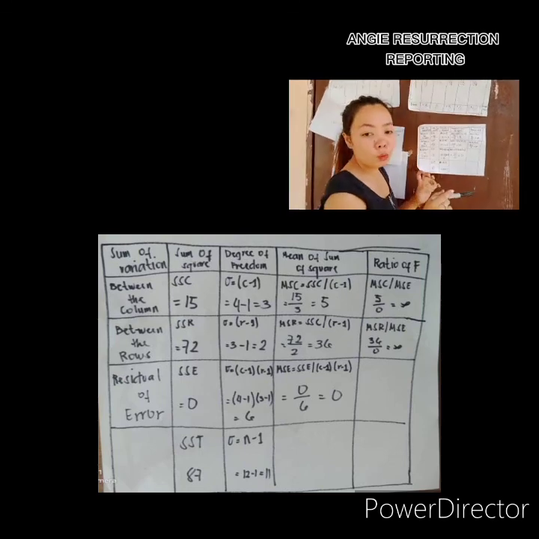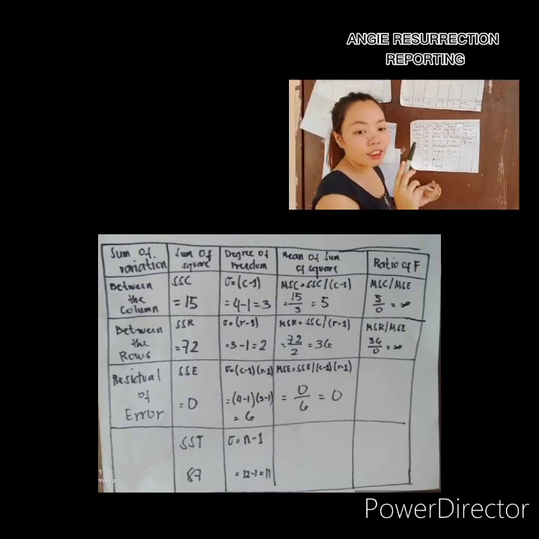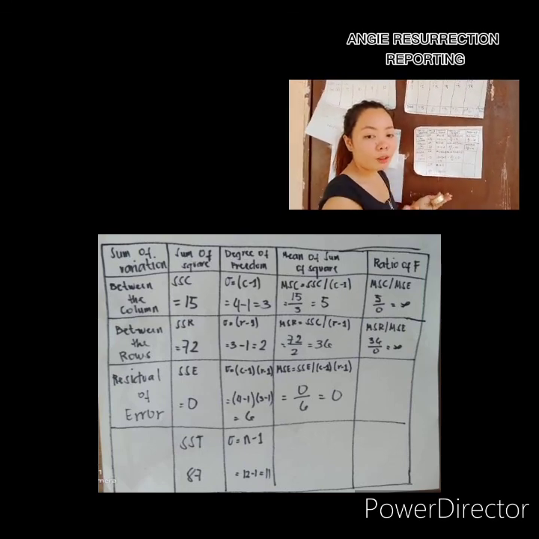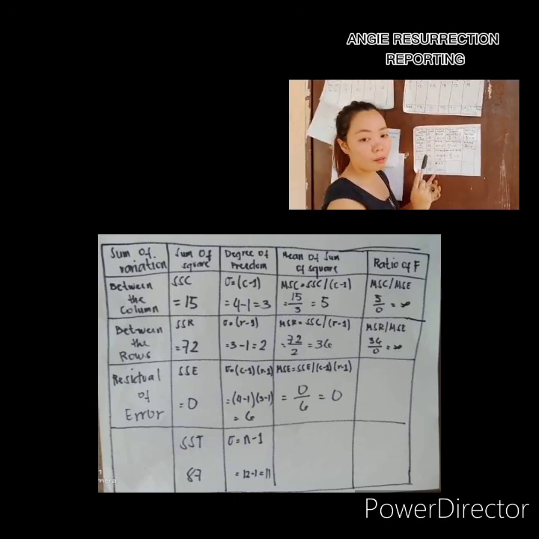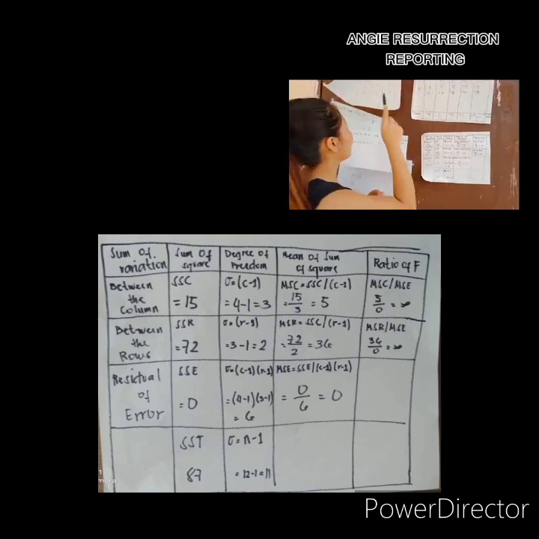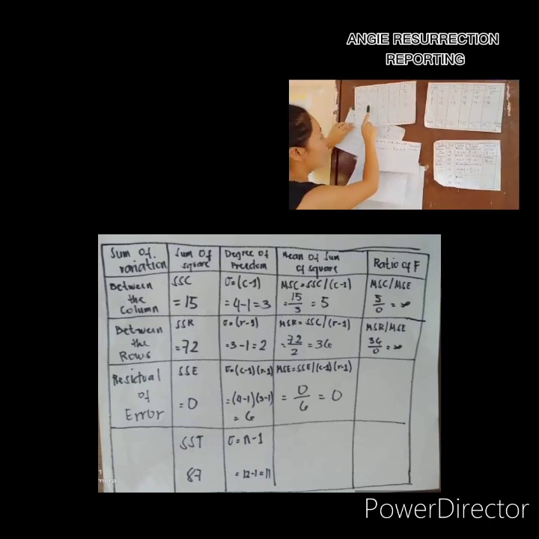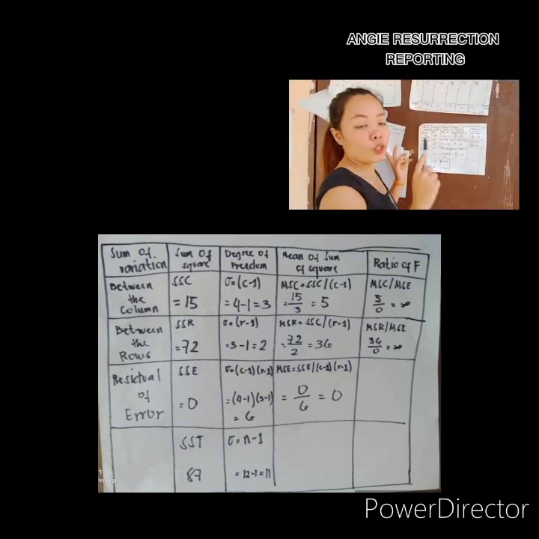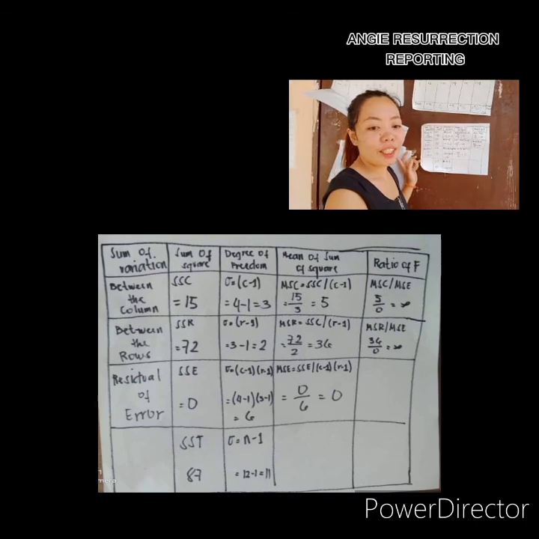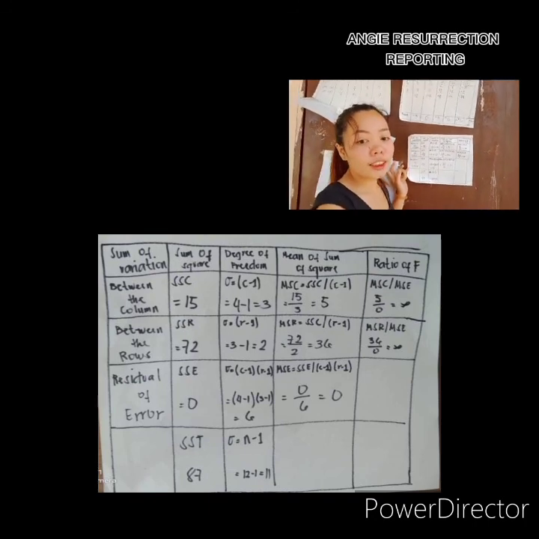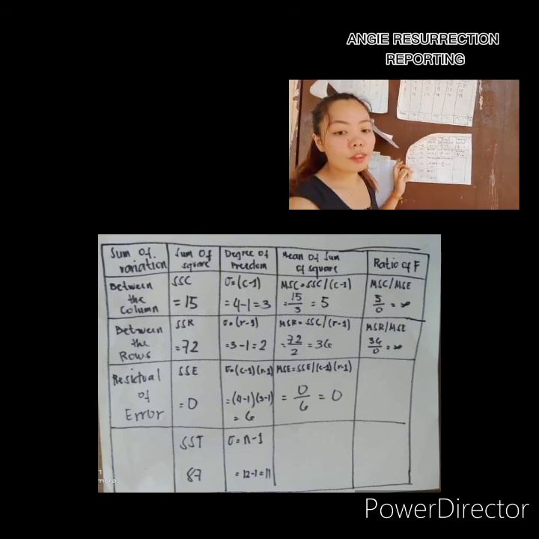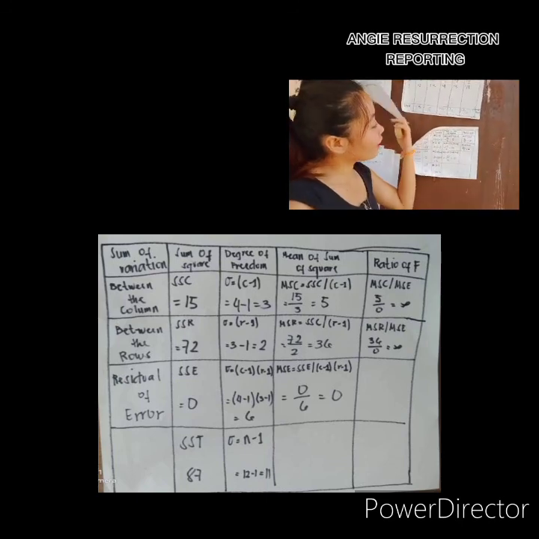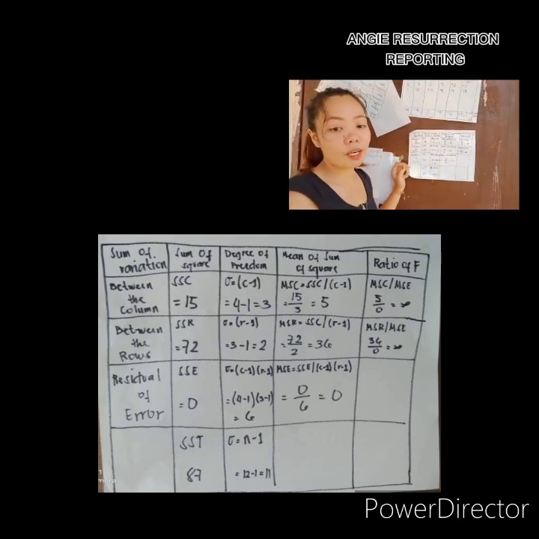So the calculated value is greater than the table value, which means there is a very significant difference among the months, which are April, May, and June. So we can conclude there is significant variation between the days and between the months.